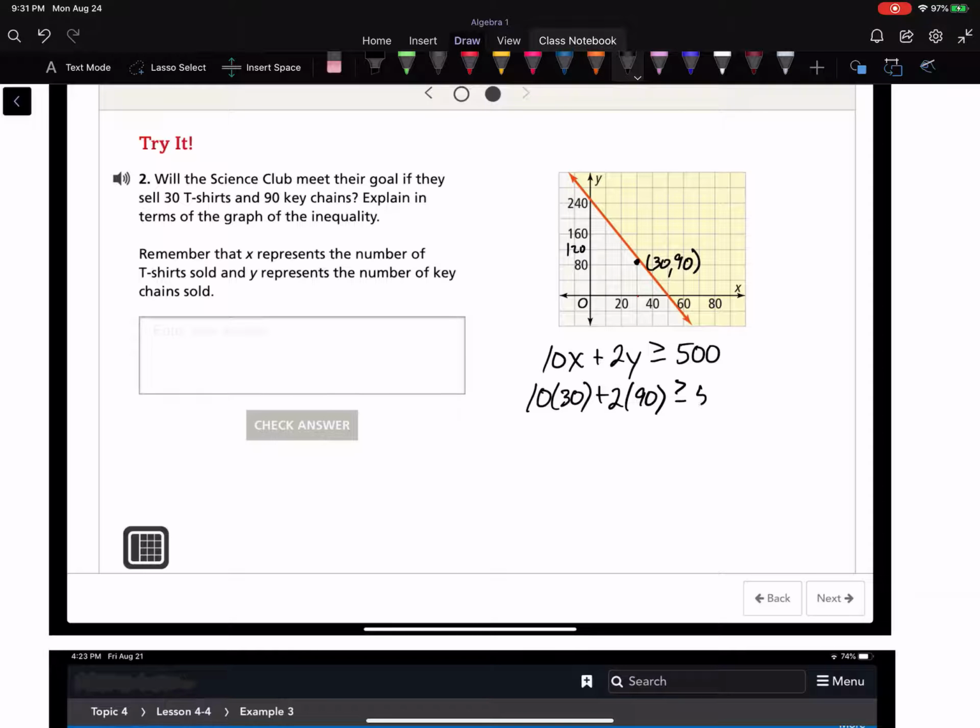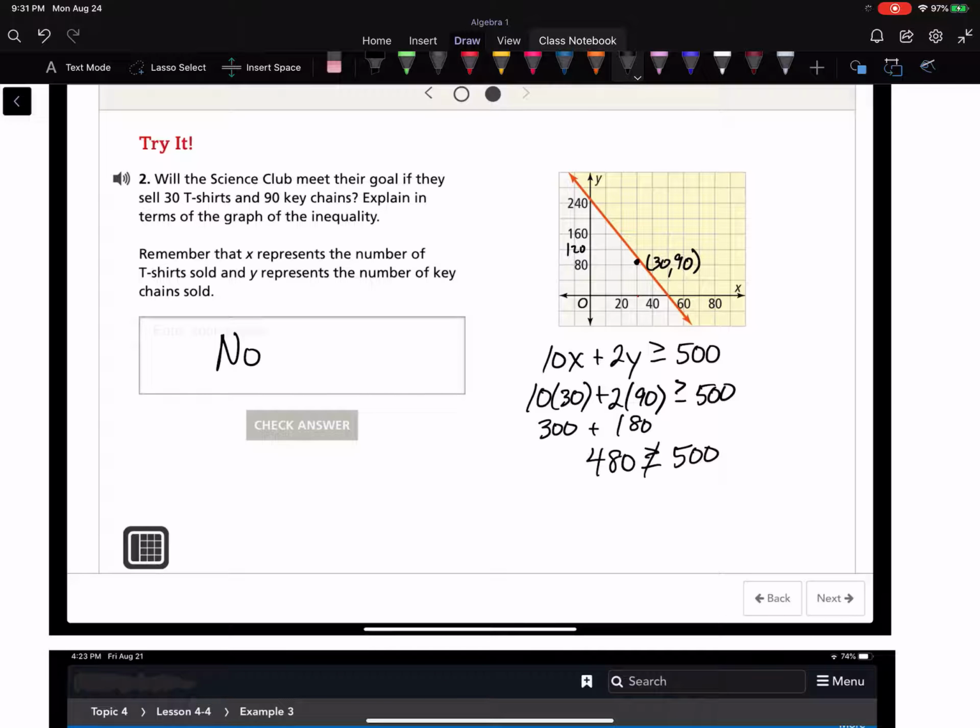Let's see if that's greater than or equal to 500. If you add those up, that's 300 plus 180, and 480 is not greater than or equal to 500. So this is not a solution.